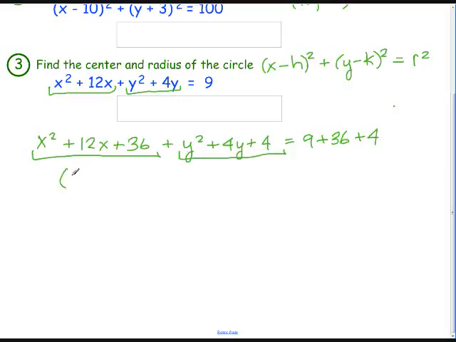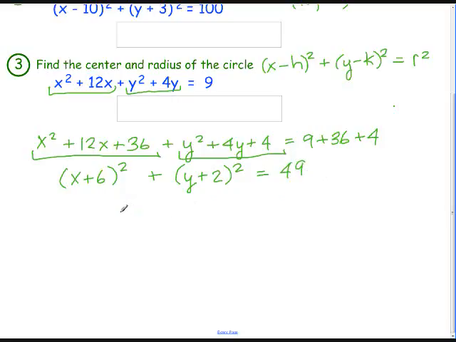This becomes x plus, right, this is a plus, and the square root of this, x plus 6 squared, plus y plus 2, right, the square root of this, plus comes from here, squared, equals, ooh, what a mess this is, 49.